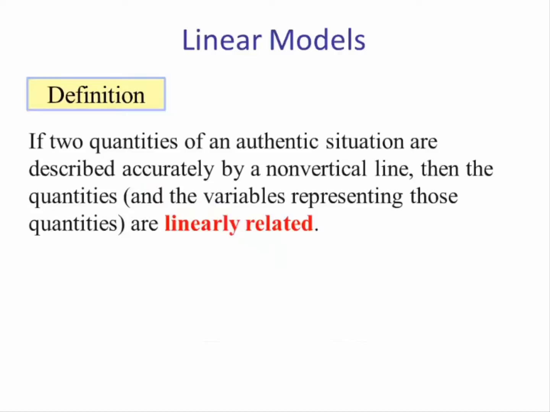Definition. If two quantities of an authentic situation are described accurately by a non-vertical line, then the quantities and the variables representing those quantities are linearly related. So when we talk about two variables being linearly related, if we were to graph the relationship, it could be modeled by a straight line.